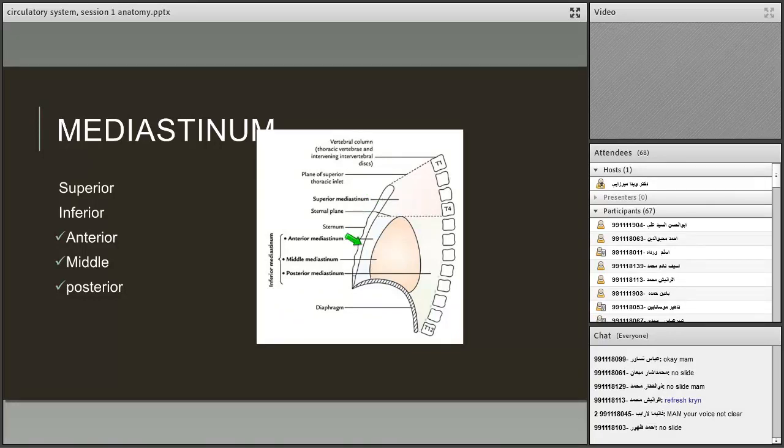Okay? If we draw a hypothetical line through this part, it will pass through the intervertebral disc of T4 and T5, the 4th and 5th thoracic vertebrae. We call that the sternal plane.